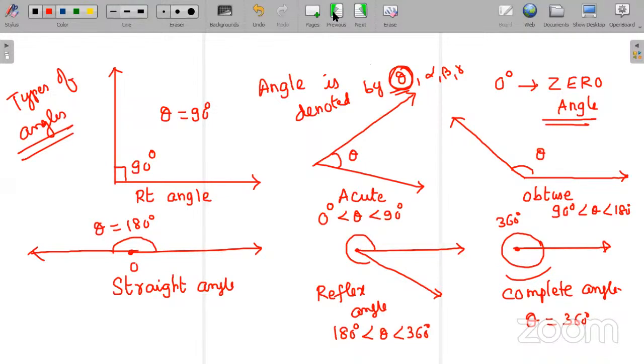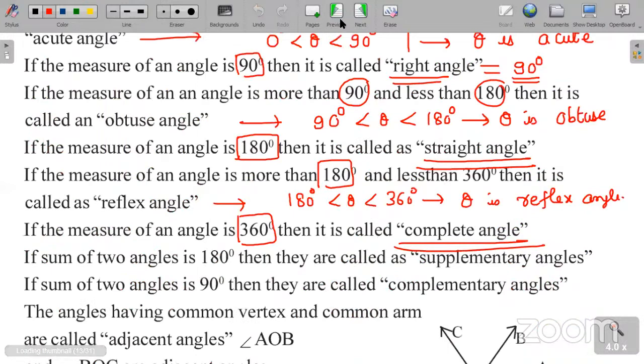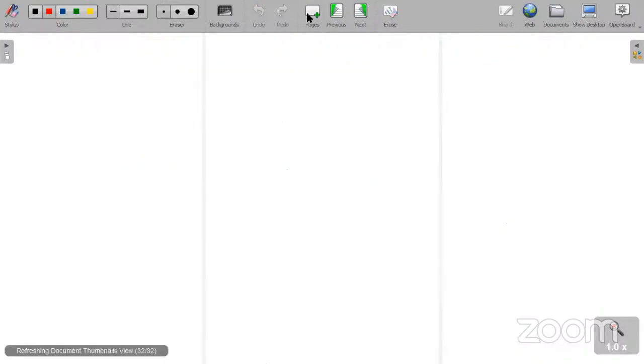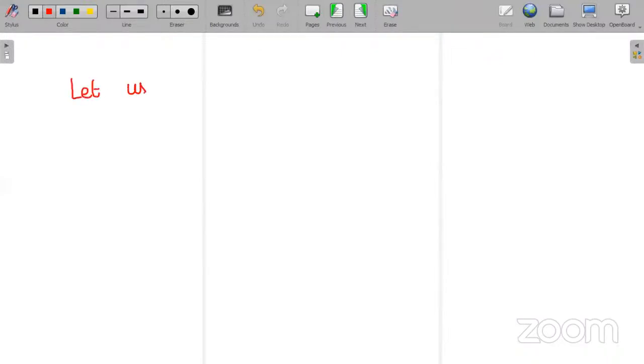Okay, next, let us move to another concept. For example, let us consider angle A is equal to 30 degrees and angle B is equal to 60 degrees.